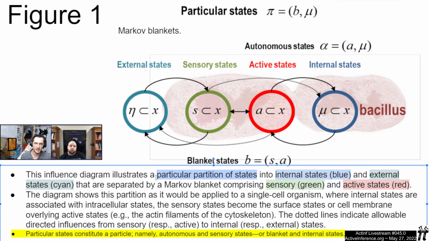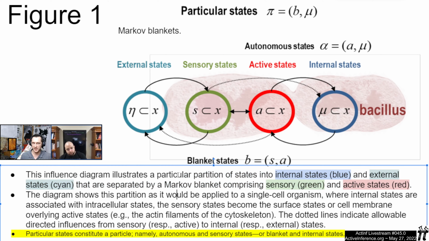It's not the only partitioning, but it's a particular one that we're sharing with you. And it's partitioning into a particle, into something that's like distinguishing figure from ground. The four states that get partitioned are internal states and external states that are separated by a Markov blanket comprised of the sensory and active states.